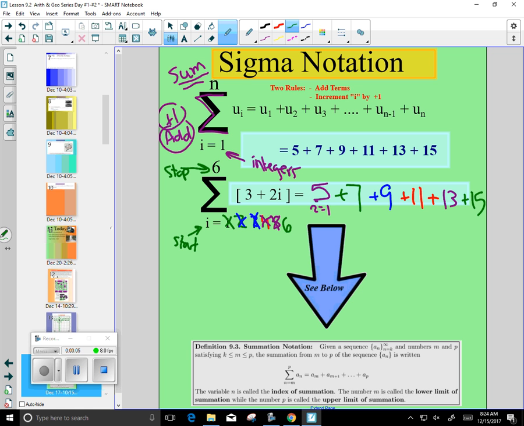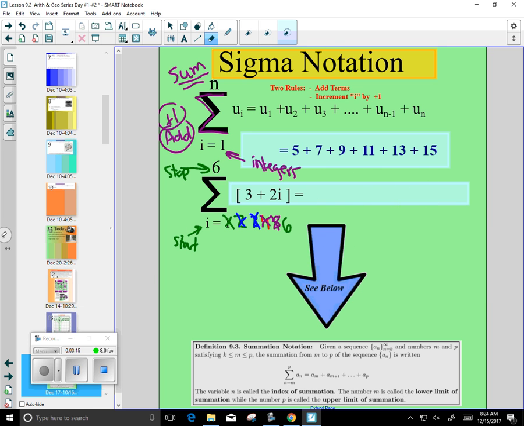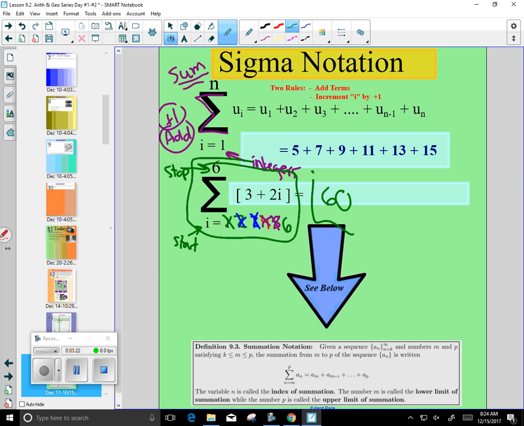Okay? So what this thing is saying is that all of this can be added together, 20, 40, this will all be 60. So this is really 60. And that's sigma notation.